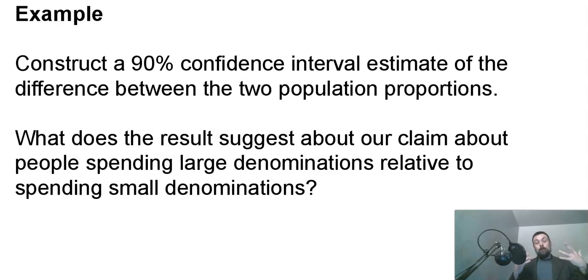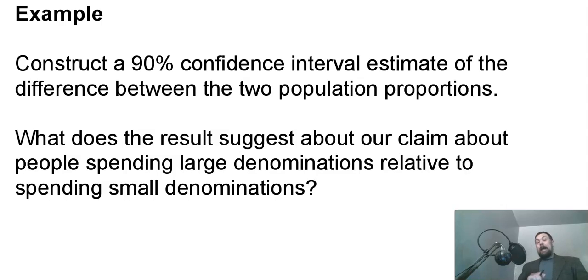And so you're going to have to do two fairly lengthy things on each problem: hypothesis testing and building a confidence interval. So for this, we want to construct a 90% confidence interval estimate of the difference between the two population proportions. What does the result suggest about our claim about people spending large denominations relative to spending small denominations?